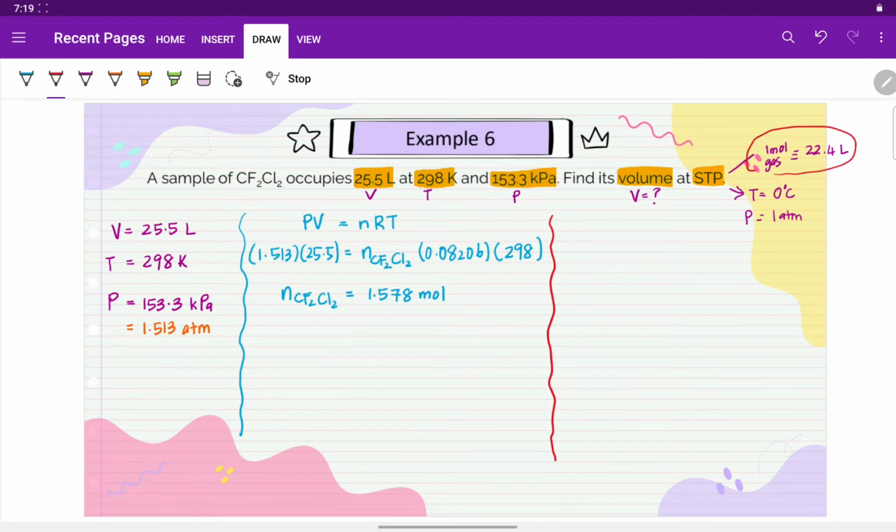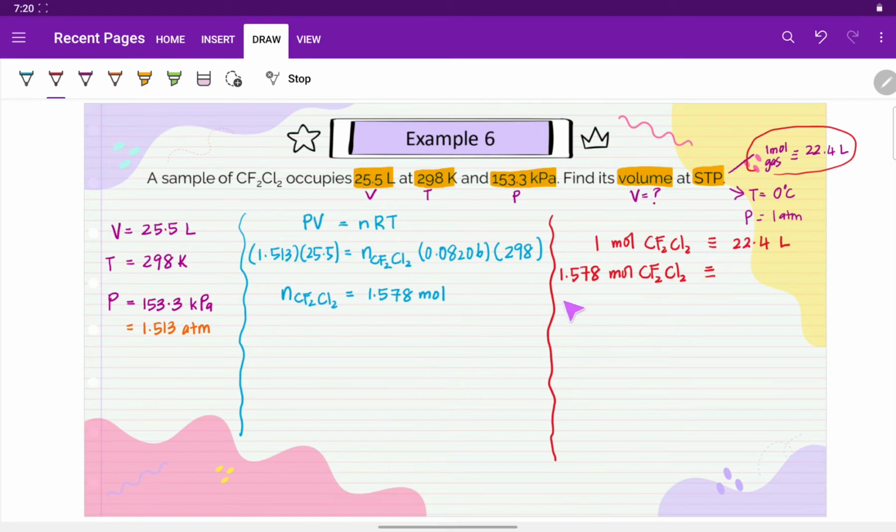Okay, jadi apa yang kita akan buat sekarang adalah kita akan manipulate this information. Okay, yang mana kita tahu that 1 mole of gas, so gas kita dekat sini adalah CF2Cl2, akan occupy 22.4 liter. Okay, sebab kita nak volume. Okay, jadi kita ada 1.578 mol of CF2Cl2.